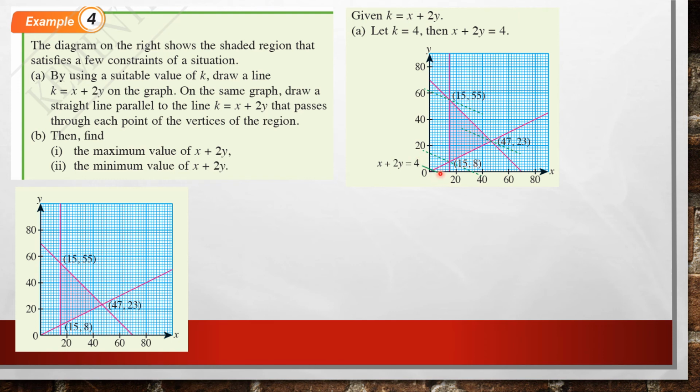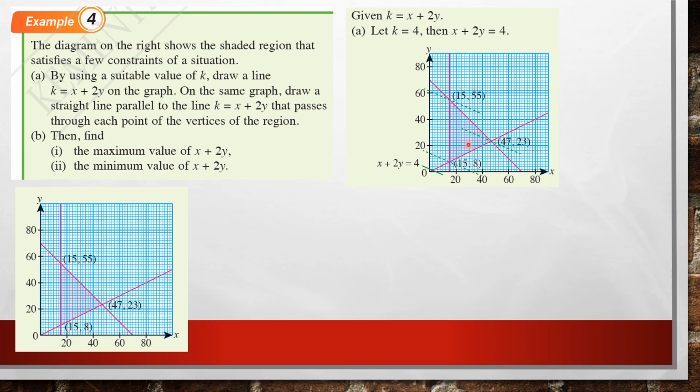This part. Okay, so it's going up. When going up, it touches the vertices of the shaded region. The first vertex that the line will touch is the coordinate 15, 8.